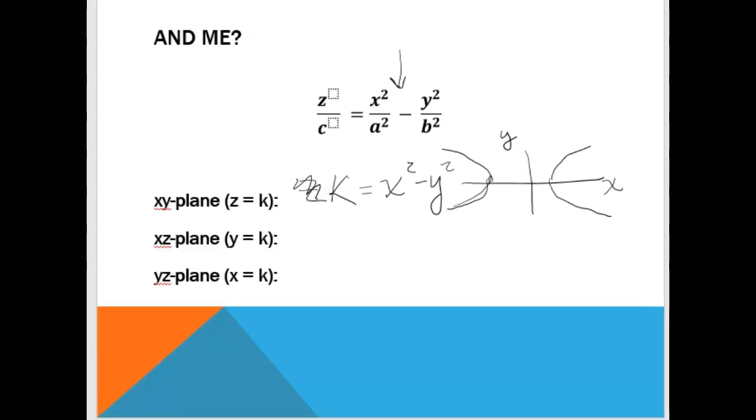In the other 2 directions, parallel to the xz plane holding y constant, I have some version of z equals x squared. Those are parabolas. And if I hold x constant, I have z equals negative y squared, which are parabolas pointing down.